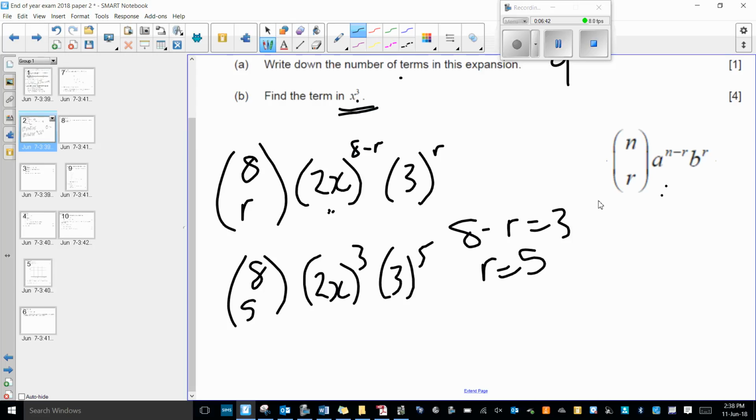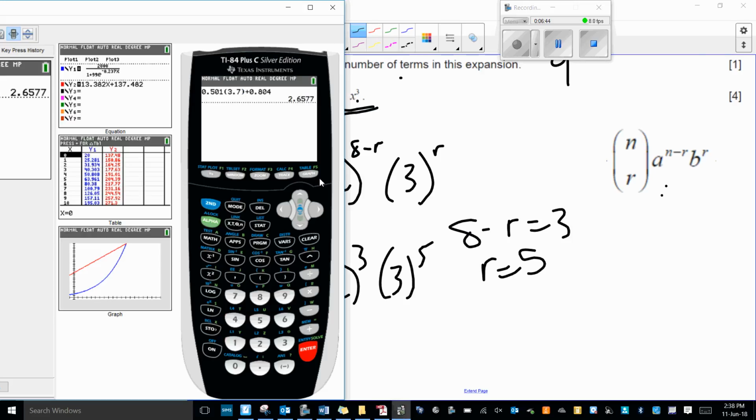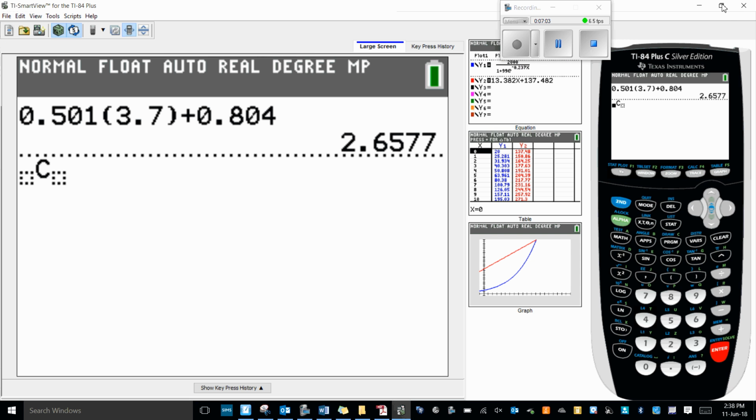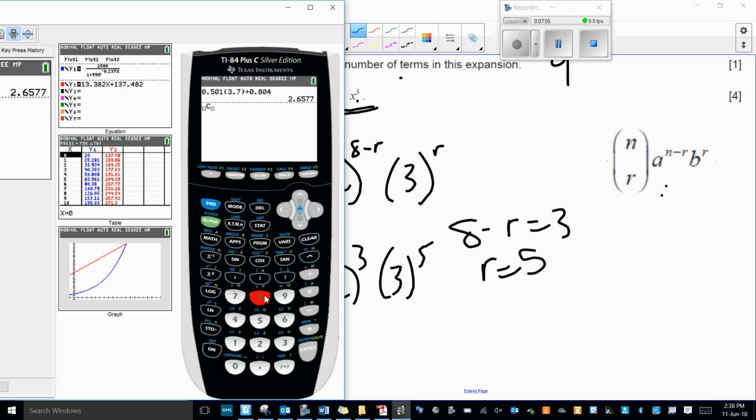So I keep saying so, sorry. Okay, math. Obviously, nCr is what we want, and we're finding 8C5. Oh, so lazy, didn't want to do that. 8C5, that's 56. 2x all cubed.